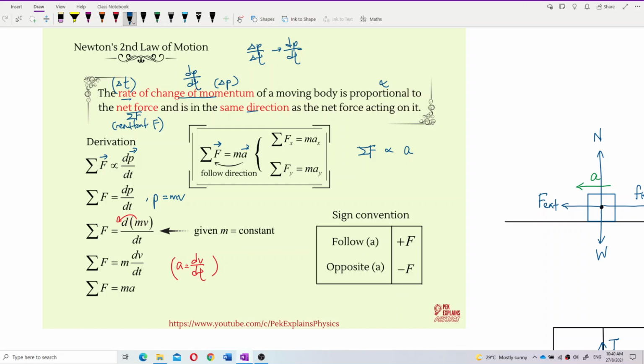The higher the resultant force, the higher the acceleration, and the direction of the resultant force is the same as the direction of the acceleration.